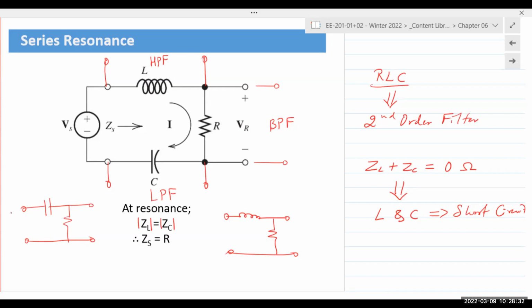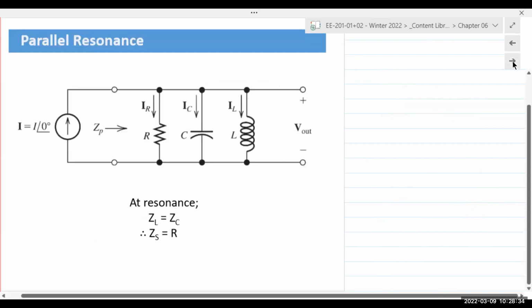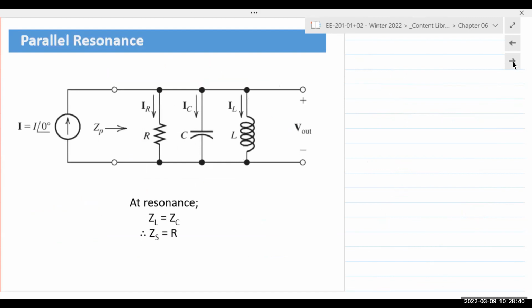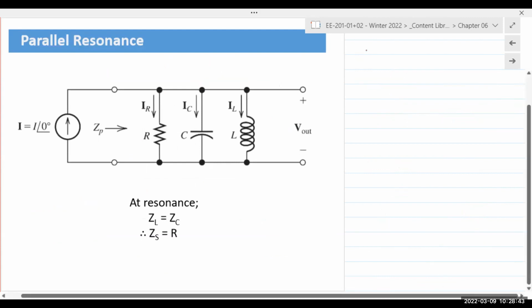If you connect all of these in parallel, you get what is known as a parallel resonant circuit. Operation is exactly the same. Everything works exactly the same. At resonant frequency, magnitude is exactly the same. And so ZL plus ZC again goes to 0 ohms, but this time they're connected in parallel. So the total equivalent impedance of the inductor and capacitor is ZL times ZC divided by ZL plus ZC.